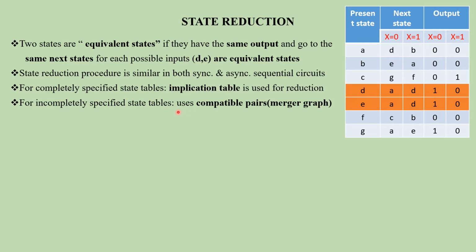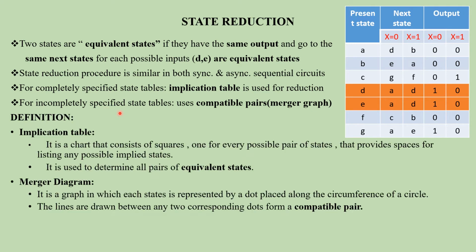Instead, we will use compatible pairs, and we are going to call that a merger graph. Right. So, this is actually going to focus very much on the asynchronous circuits. Incompletely specified in the sense that we have dashes or don't cares in our flow table, right?